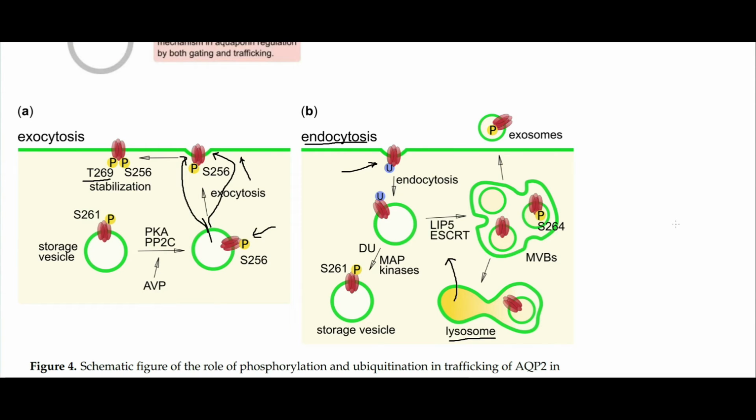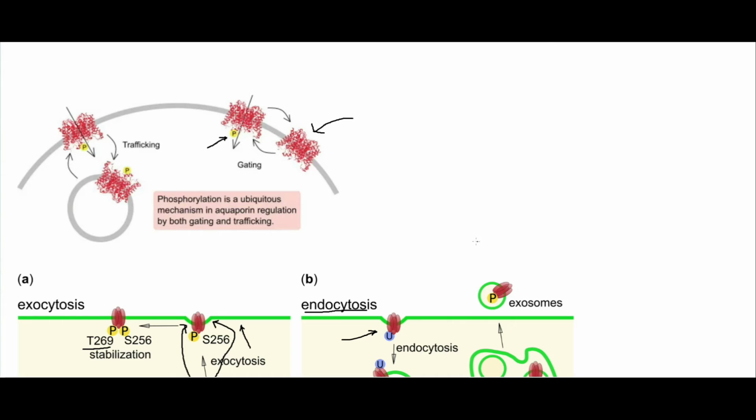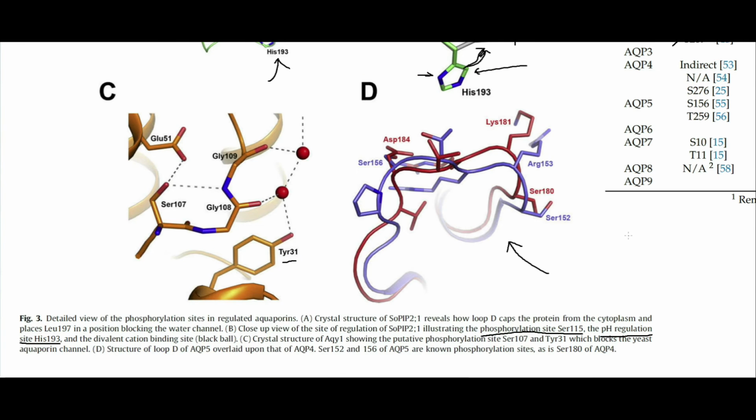But anyway, you can see that these aquaporins are phosphorylated, which can do this gating mechanism, which is what we were talking about above, but also this trafficking mechanism, so bringing it in and out of these vesicles, and ubiquitination, breaking it down.